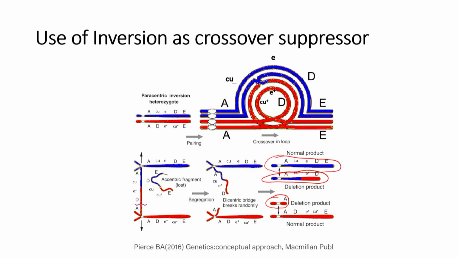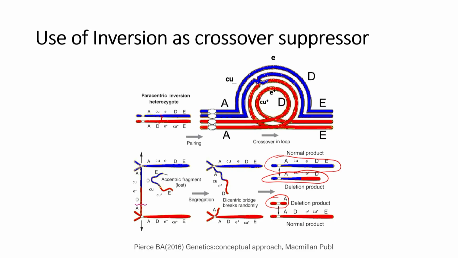That means what happened? There is no recombination between these two. If there was a recombination, then we would have got A, Cu, then E plus, Cu, E. So that means the two would get separated.